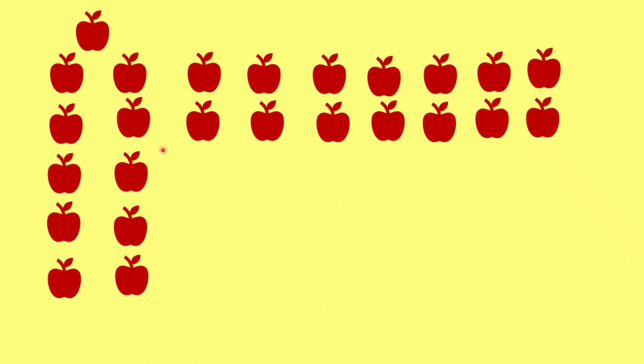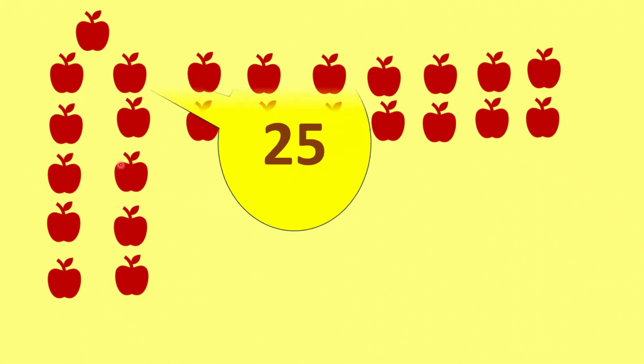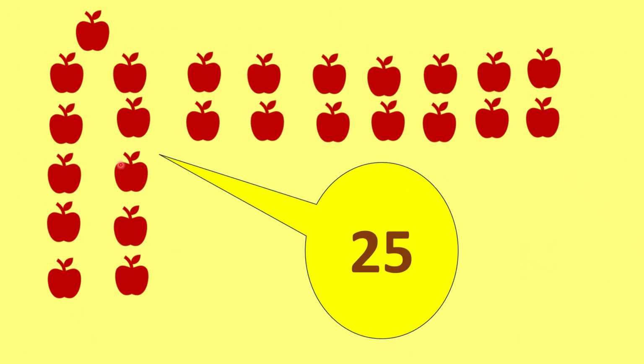So how many apples are here? It's 25. Now I will give it a remark and I will never forget it. It's 25. Okay, very good. Come on to the next page.